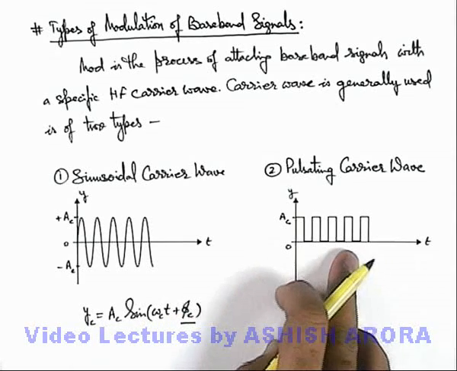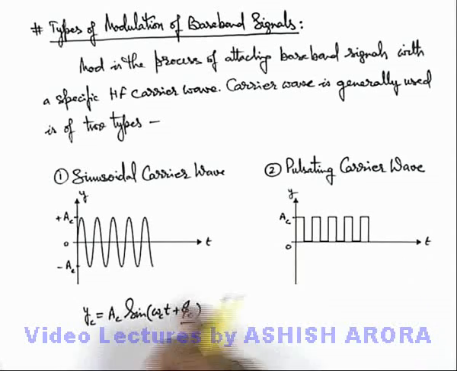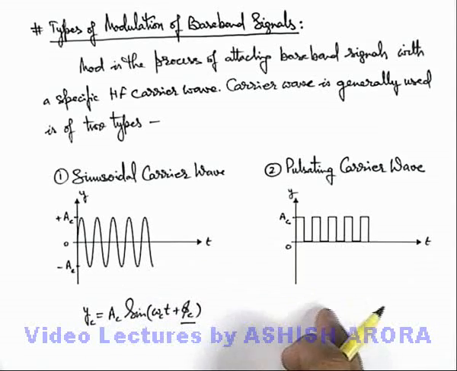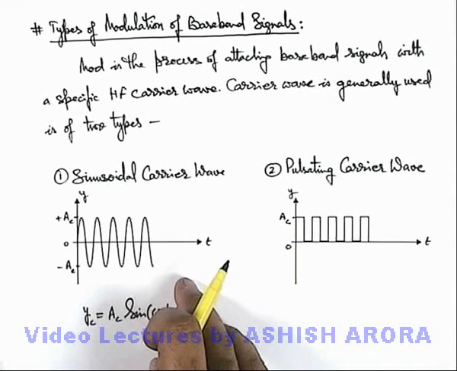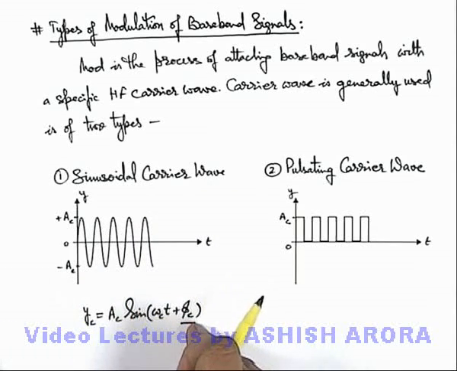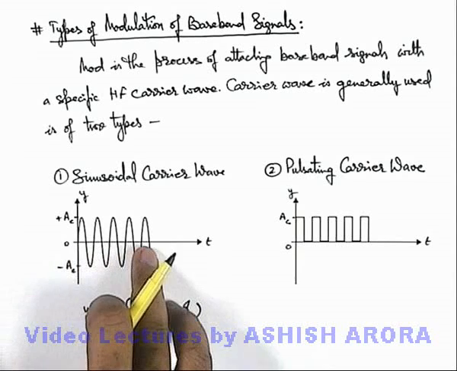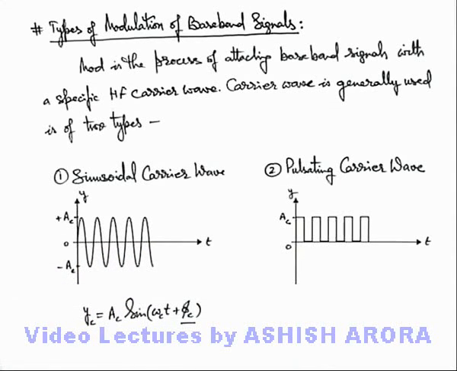Now, pulsating carrier waves are beyond the scope of these lectures, so I'll be discussing the modulation of various baseband signals over sinusoidal carrier wave in different types. Let's continue on the next sheet about the different types of modulation which can be done for sinusoidal carrier wave by baseband signals.